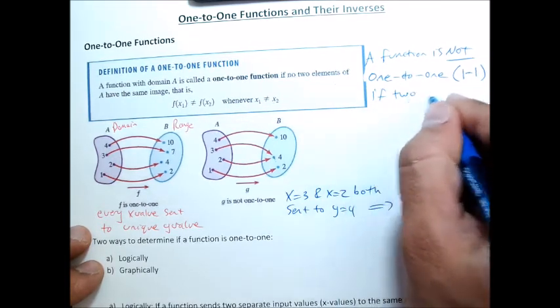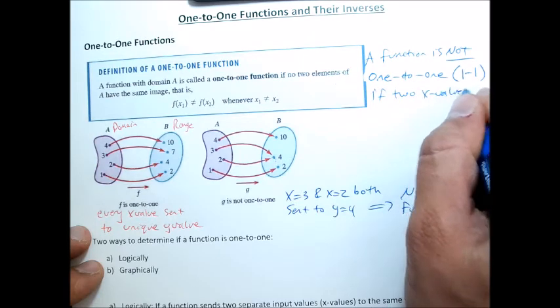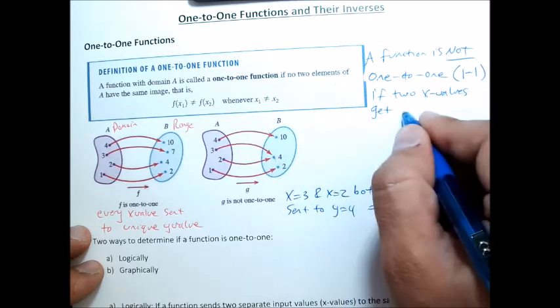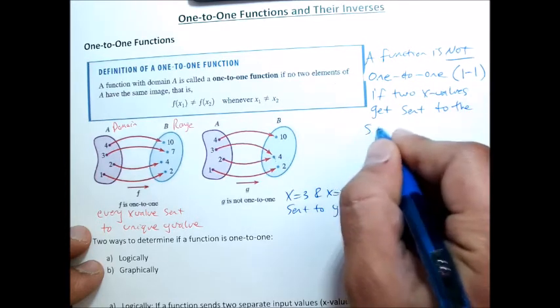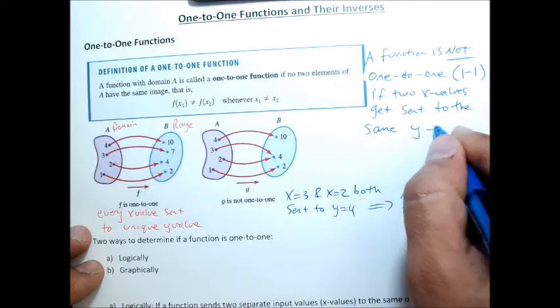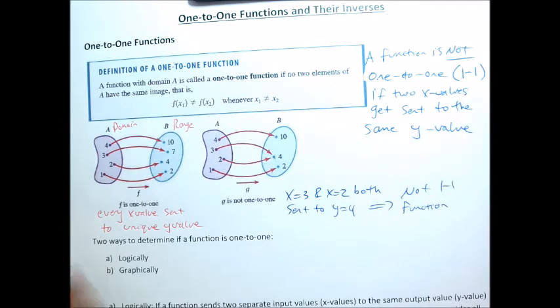if two x values get sent to the same y. How is this different than the definition of a function? People always confuse this with the definition of a function. Does anyone remember what the definition of a function is?